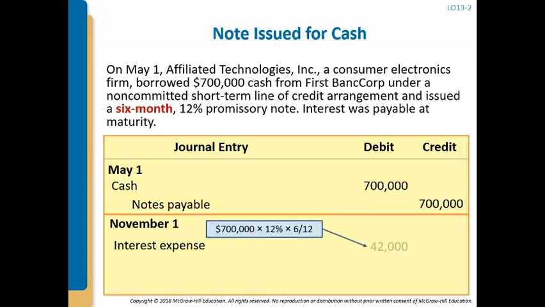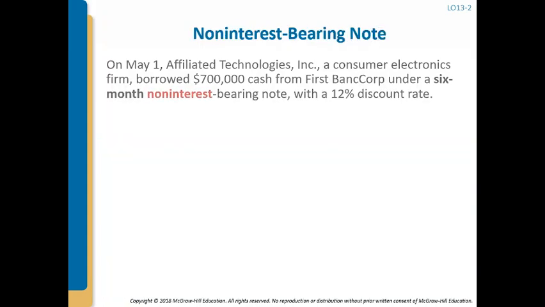And so the interest expense, like I said, is $42,000. The notes payable you're backing out, and then the amount of cash you're paying is both the notes payable and the amount of interest, $742,000.